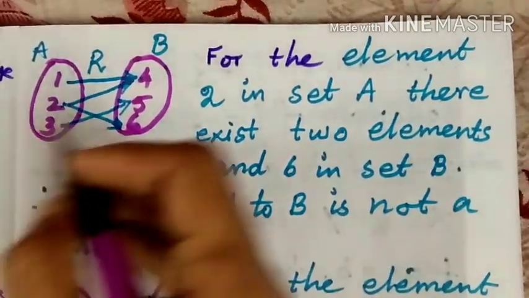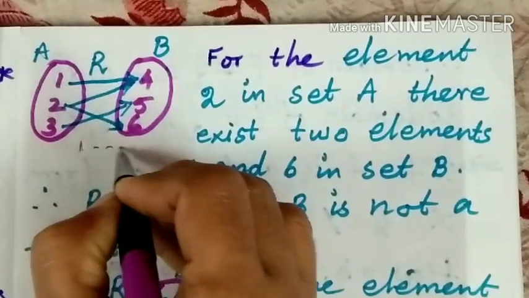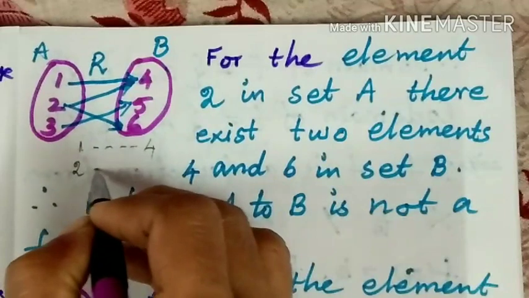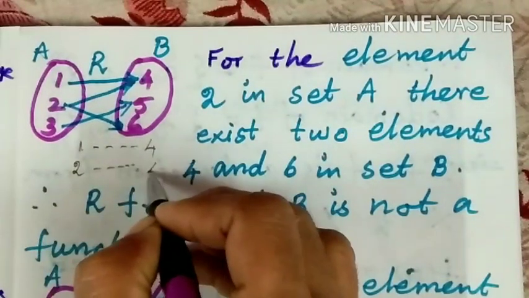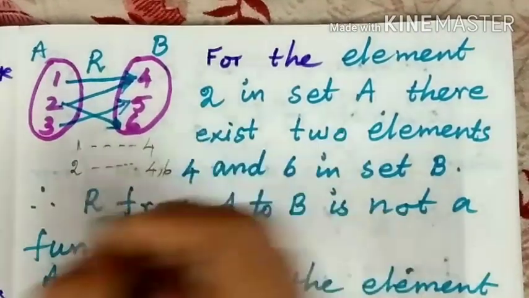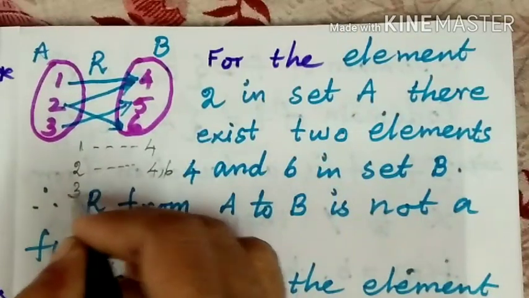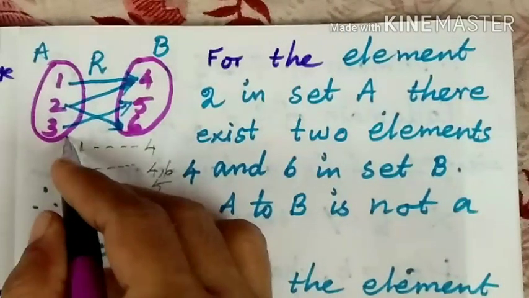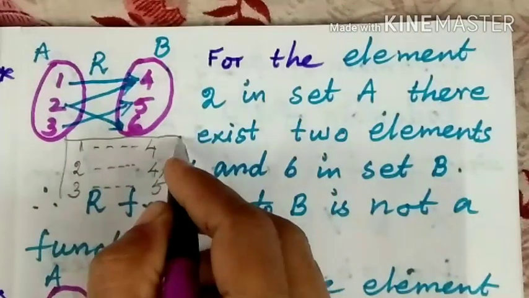So see here, 1 associated with 4, 2 associated with 4 and 6, and 3 associated with 5. Observe this.